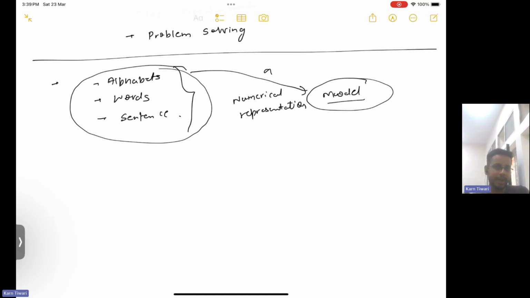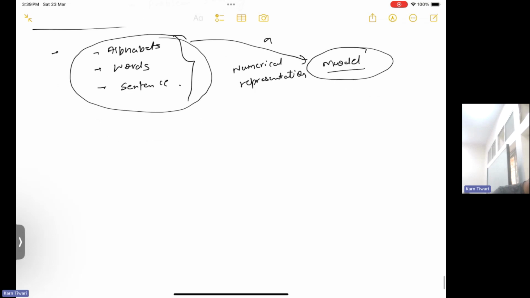The model knows that any word, for example a dummy word, is represented using some vector form. It has a certain representation. So the ML model takes the vector, and the next word you need to predict is also a vector.